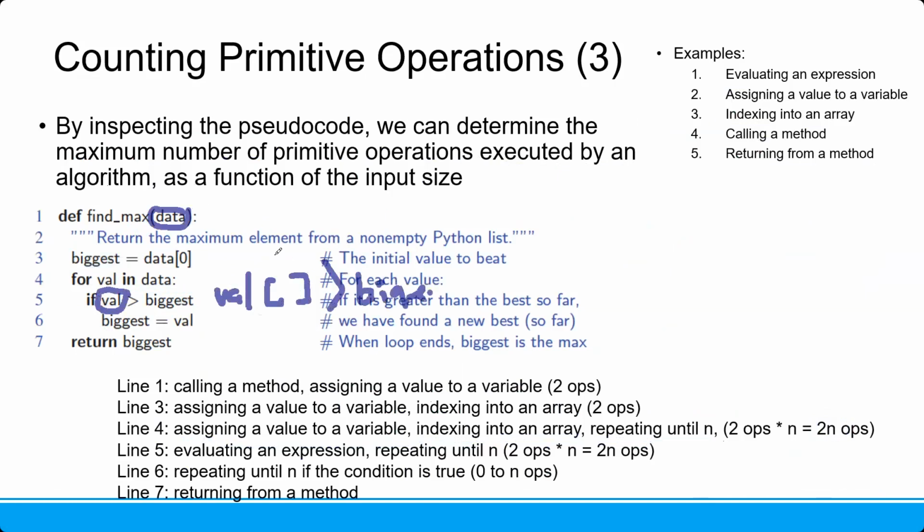Okay, so we have this one as 1, and this one also one operation. It means we are going to use two operations, multiplied by n.